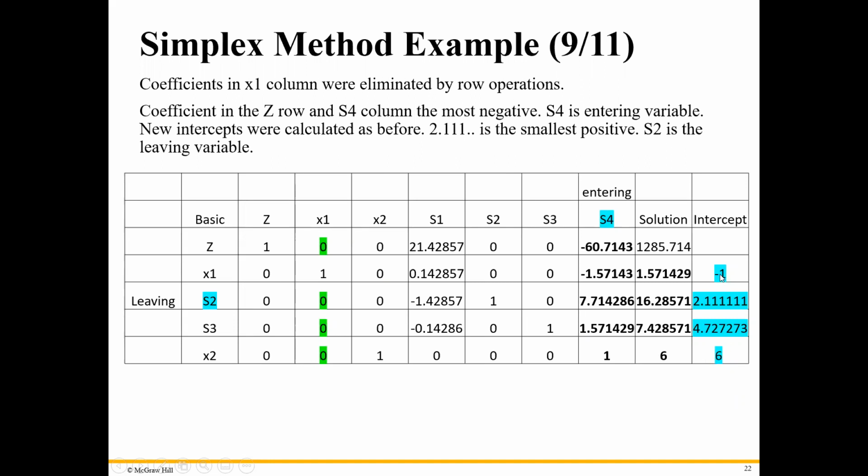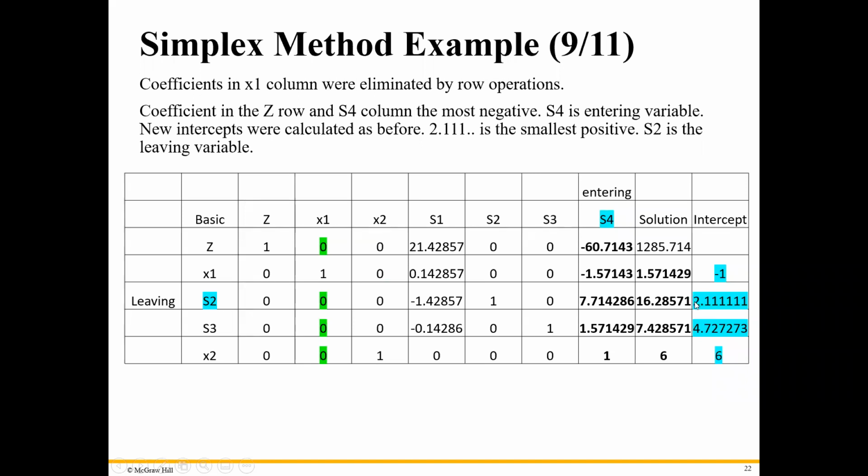So in the intercept now we have 4 values. One of them is negative, so we will not consider that. The other three values are 2, 4, and 6. Out of these, 2 is the least positive value. Remember that in this case, we will not consider the negative value; we will consider the least positive value. So it will be 2.111.